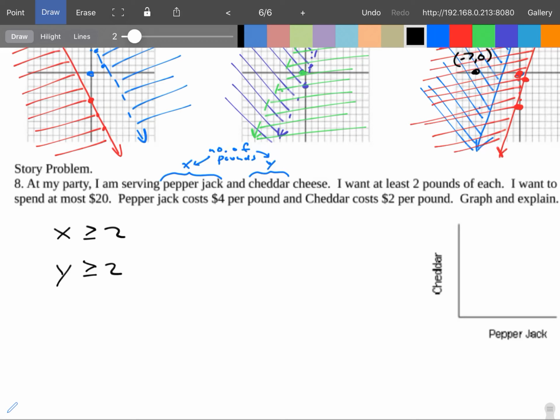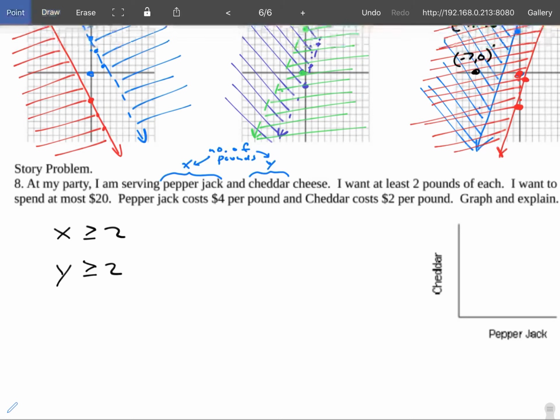All right, so I got 2 inequalities there. But then my third inequality involves the money. So it says right here that I want to spend at most $20. So is that less than or equal to 20, or is that greater than or equal to 20?